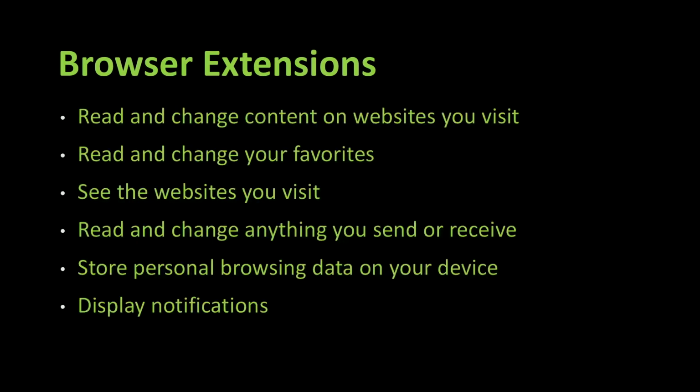So a simple AdBlock Plus extension can read and change content on websites that you visit. It can read and change your favorites. It can see the websites you visit. It can read and change anything you send or receive, and it can also store personal browsing data on your browser, and it can also display notifications as well. So there are so many things a simple AdBlock Plus extension is able to do in your browser.